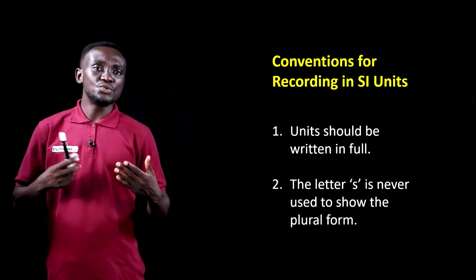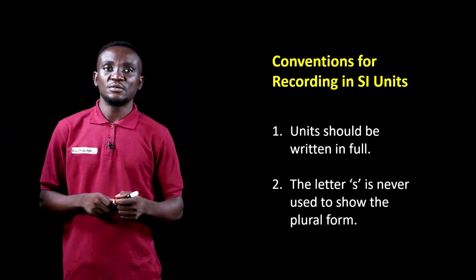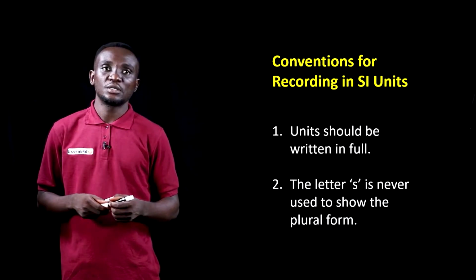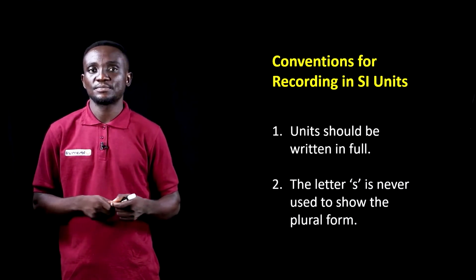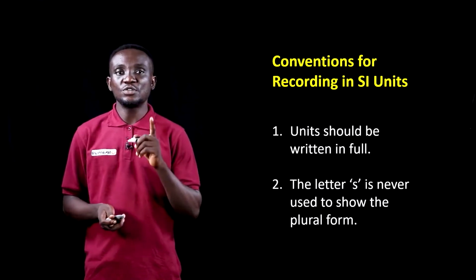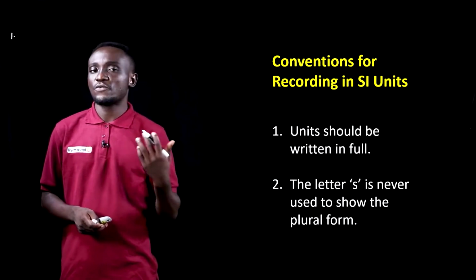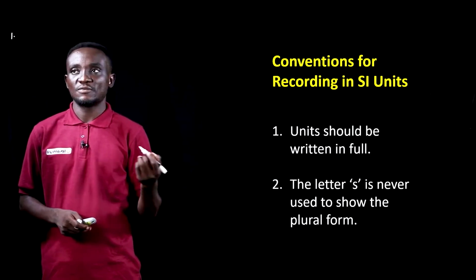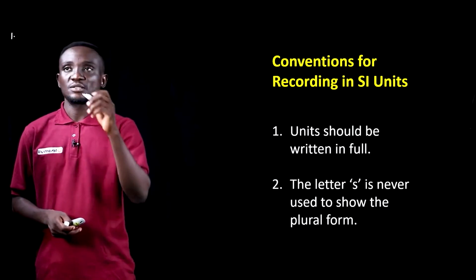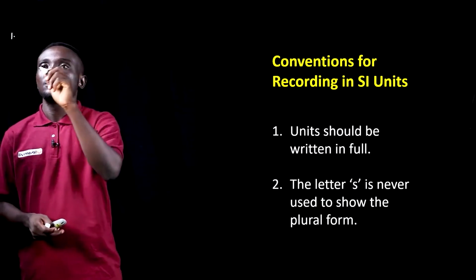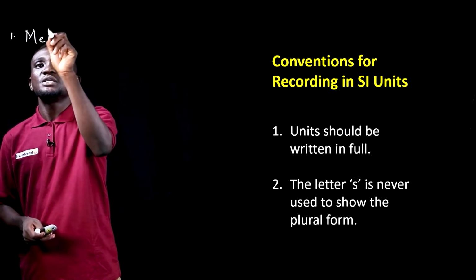Now, there are some rules or conventions when recording SI units. First, the units should be written in full. We saw for the 7 fundamental quantities, the unit for measuring length, mentioned as the meter. So, write the meter in full.